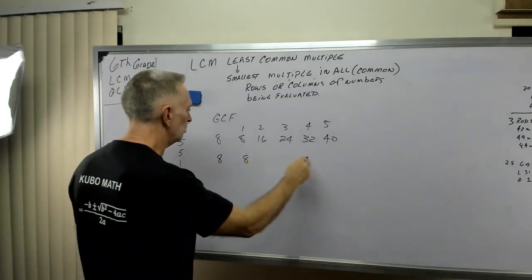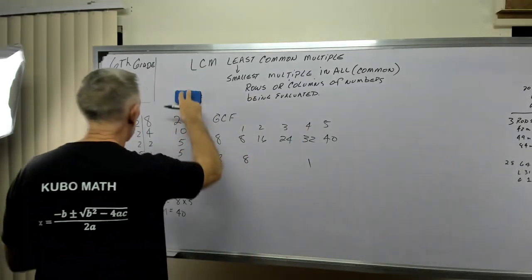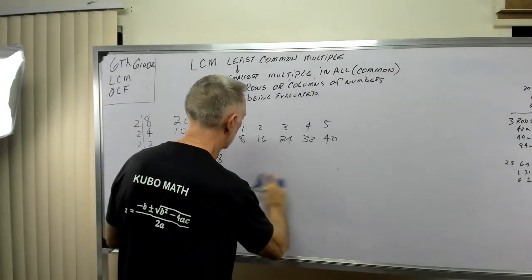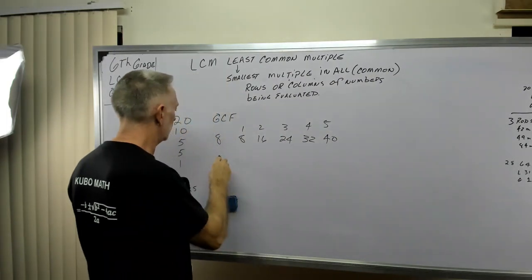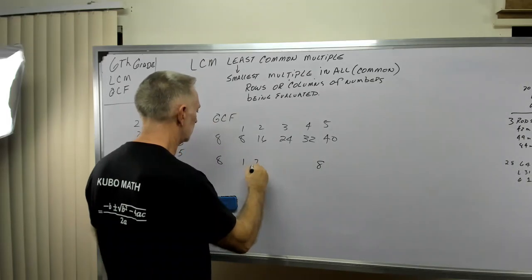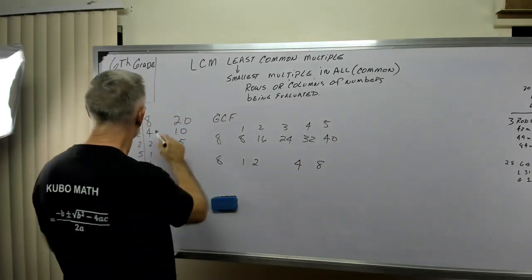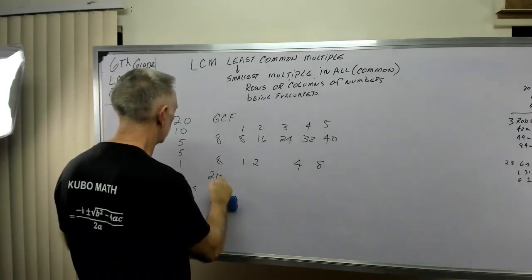The factors of 8 would be 8 times 1, or 1 times 8, I should say. All right, factors of 8. I've got 1 times 8, 2 times 4, and that's all I have. Factors of 20.